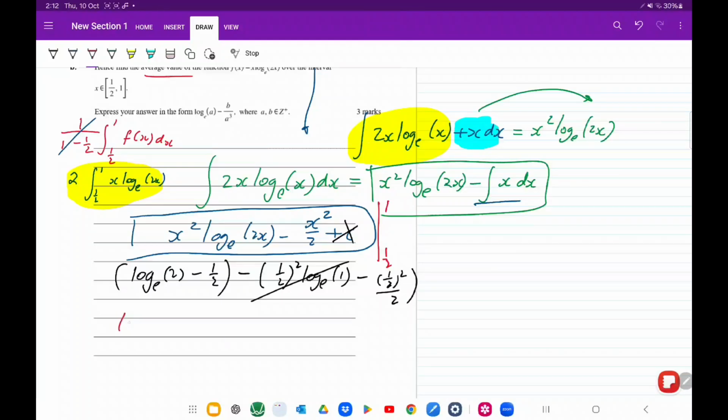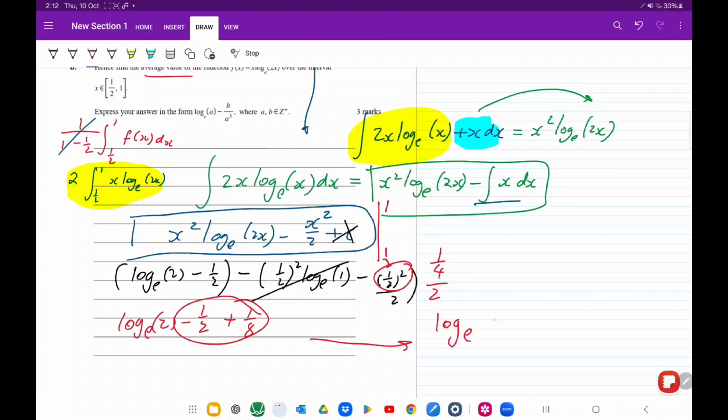This becomes log e 2 minus a half plus 1/8, because 1/2 squared is 1/4, half of a quarter is an eighth. And then when we add these two together, we get log e 2 plus 3/8.